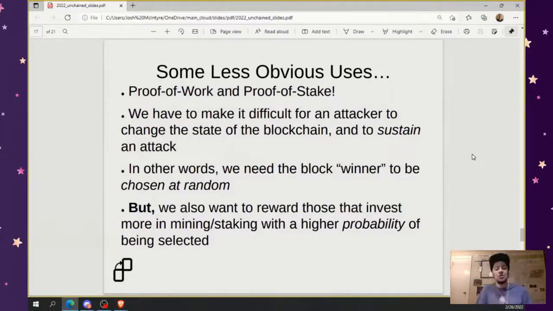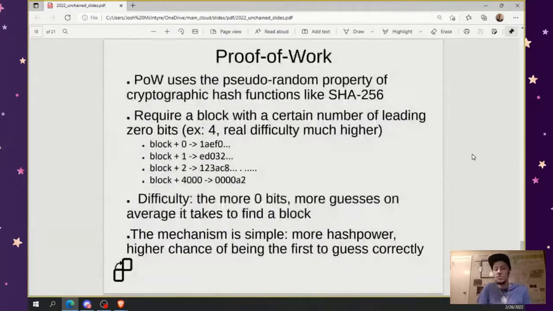And there are some interesting mechanisms that allow us to have both of these properties, where it's very difficult for an attacker to guess and sustain an attack on the network, but also for us to favor folks that invest more into the networks. Proof of work uses the pseudo-random property of cryptographic hash functions like SHA-256. So Bitcoin and Bitcoin forks use SHA-256.